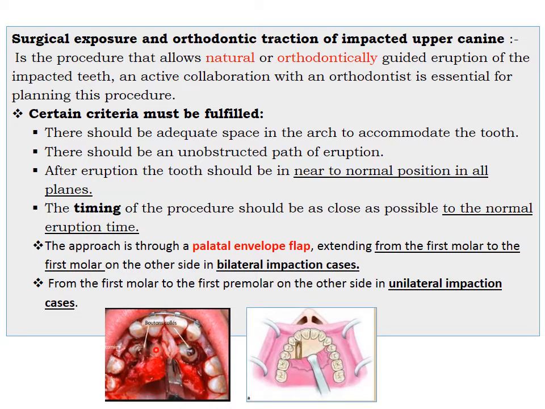There should be an unobstructed path of eruption. If you do an exposure, you must know that nothing obstructs this eruption, for example supernumerary teeth, fibrous tissue or odontome. All these should be removed to prevent obstruction.